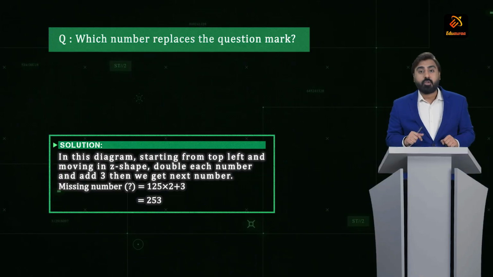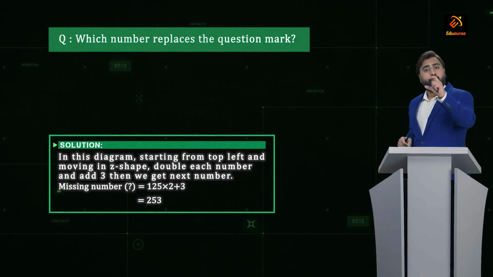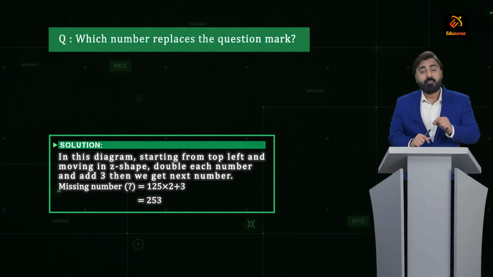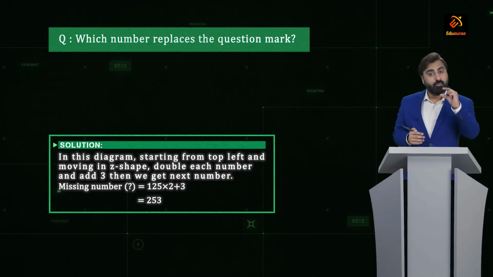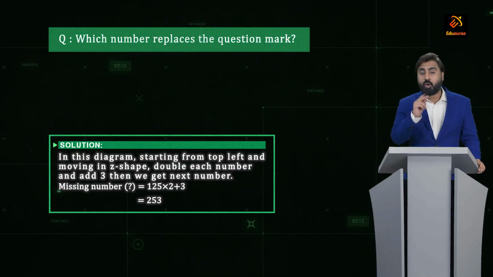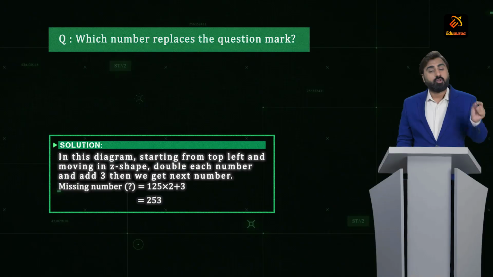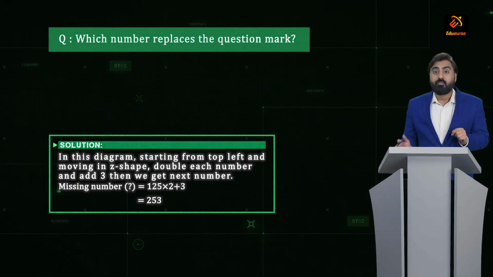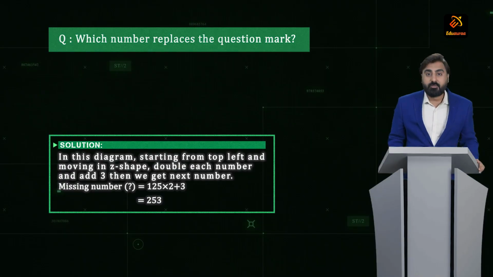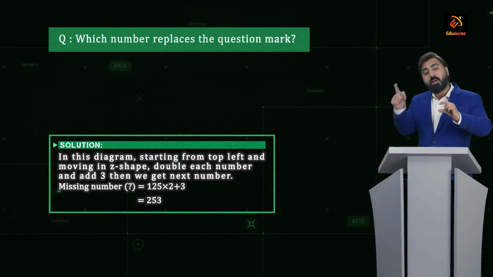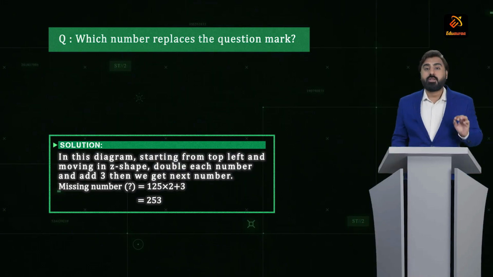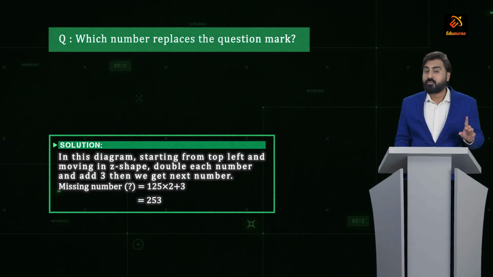Consider 13. You have to go in a Z shape, right? So 13, double 13, 26, plus 3 gives 29. You got 29. Double of 29 is 58, plus 3 gives 61. 61, double the number, 122, plus 3 gives 125.